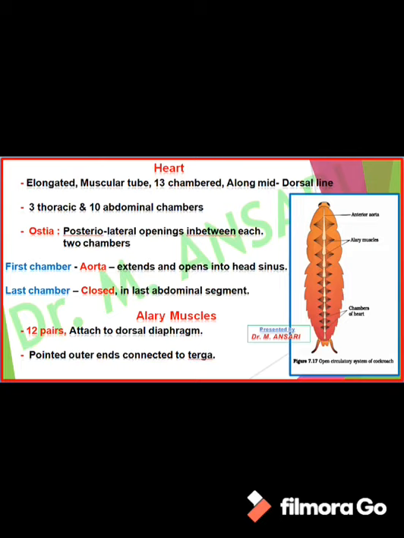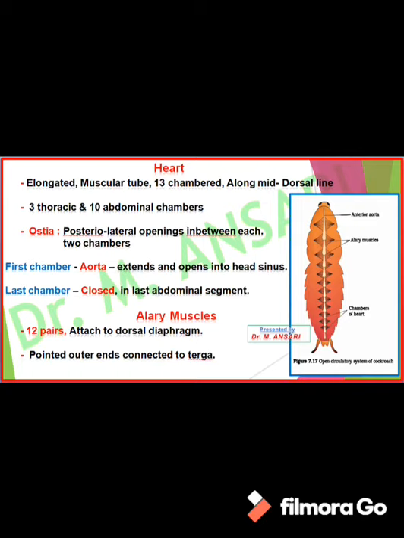Of these 3 thoracic chambers, the first chamber extends forward and opens into the head sinus. This extended first chamber is called aorta. It opens into the head sinus, while the last chamber is closed and is present in the last abdominal segment.